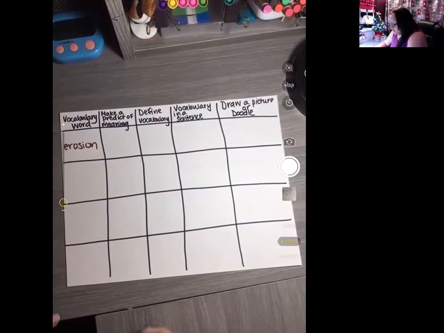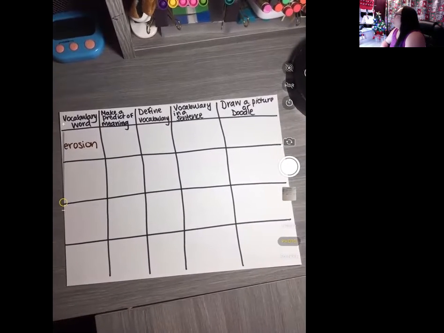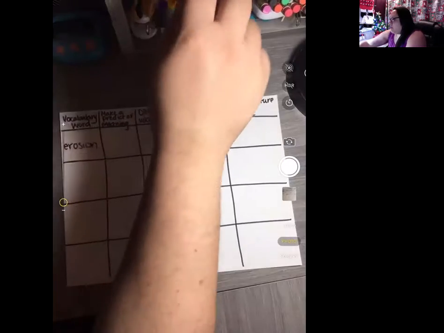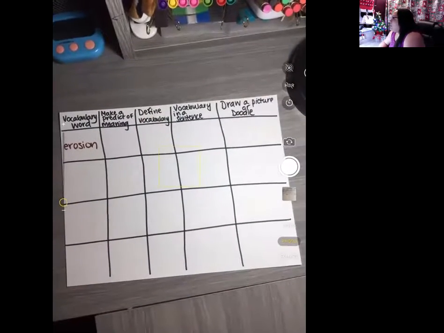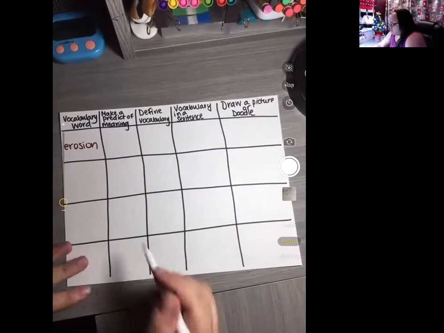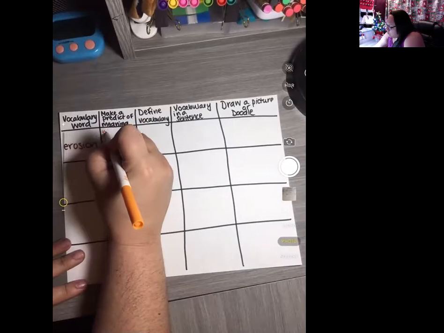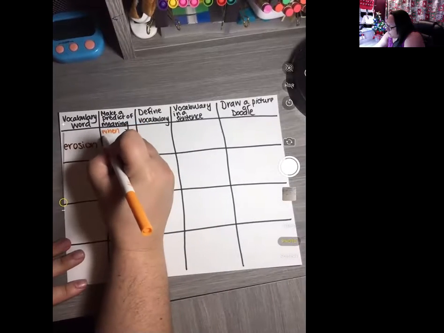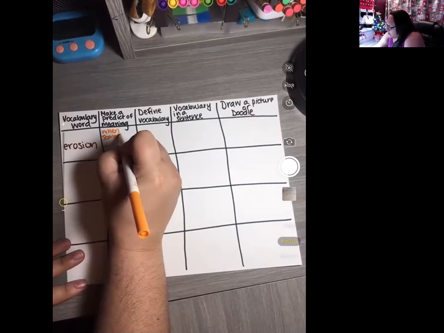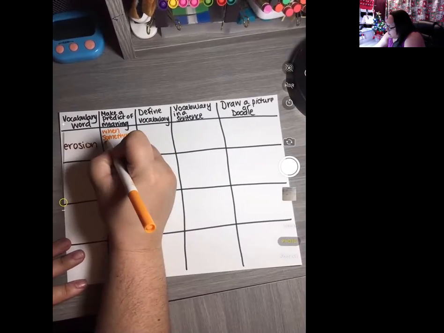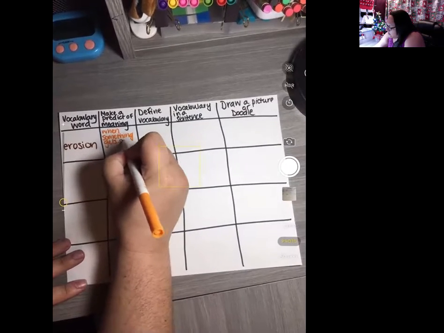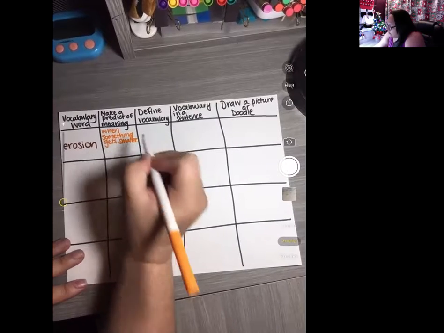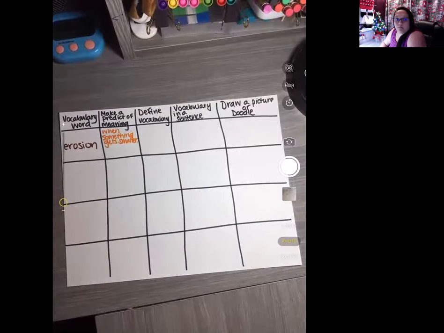I predict that erosion means to make something smaller, or when something gets smaller. Come up with your own prediction for this vocabulary word.